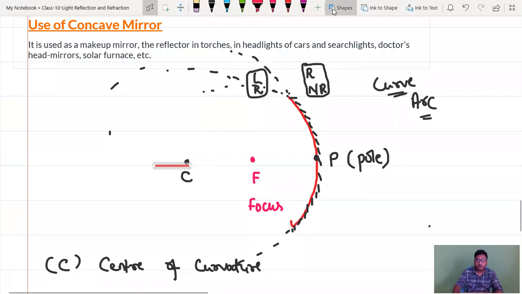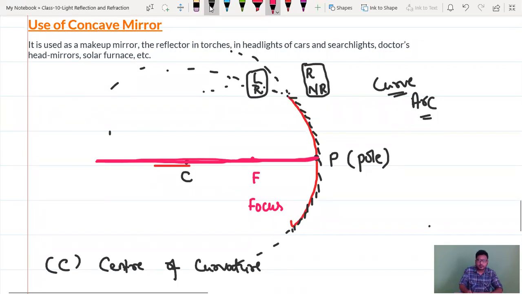Okay, guys, if you draw a line which is joining C, F and P, this straight line is known as principal axis. This straight line which is joining points C, F and P is known as principal axis.